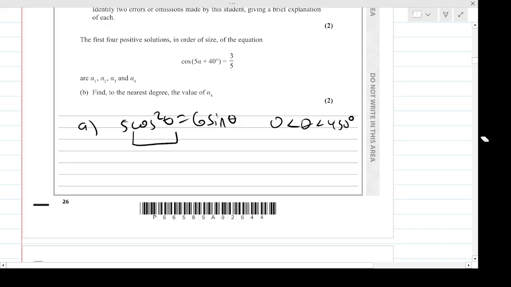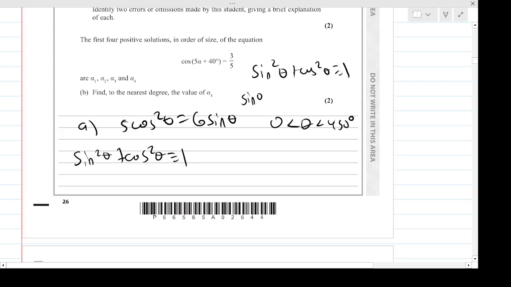The identity sine squared plus cos squared equals 1 stands out to me. So you need to remember the identities sine squared plus cos squared is 1, and also tan is sine over cos, which are not in the formula book as you saw earlier. The cos squared screams this identity, so let's substitute that in.